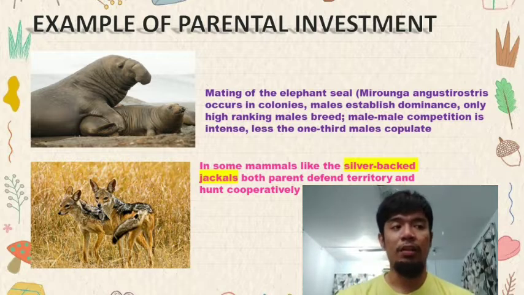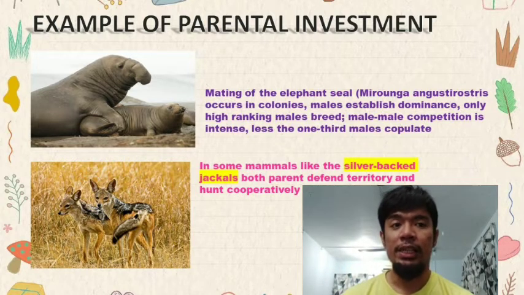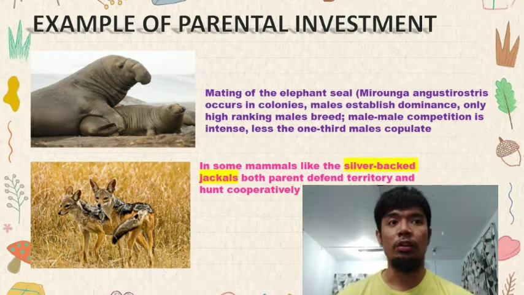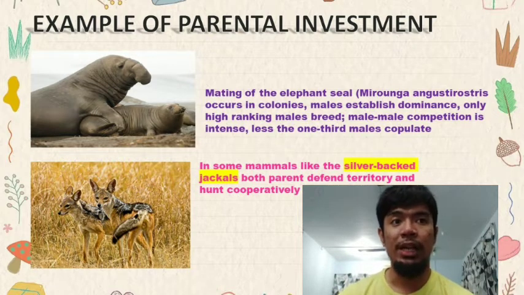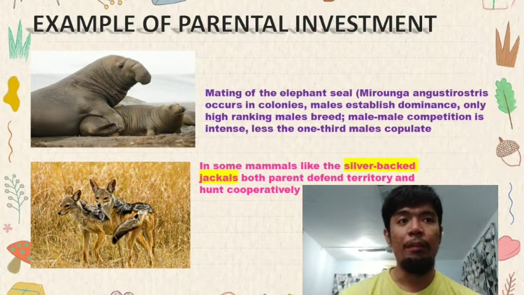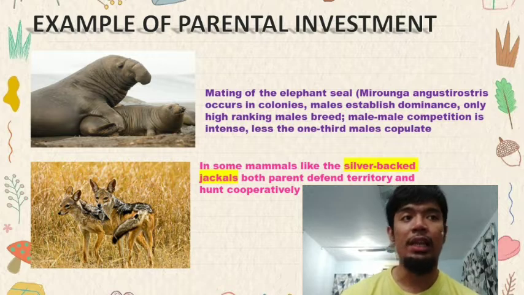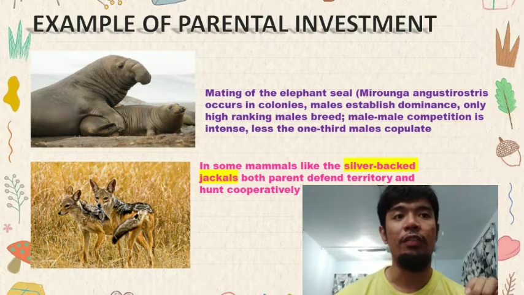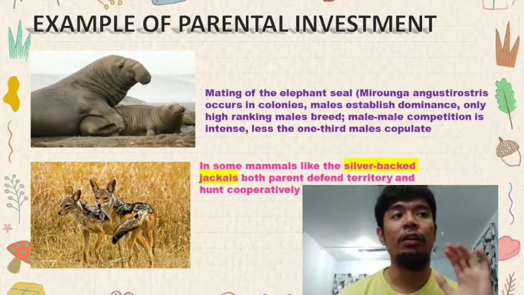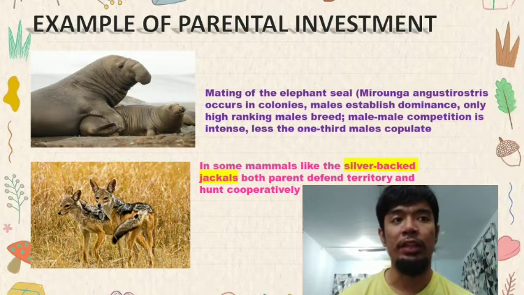Next are examples of parental investment. We can see here, mating of northern elephant seals takes place in colonies. Males establish dominance hierarchies and only the high-ranking males breed. Male-male competition is intense. Less than 1/3 of the males copulate at all, and the top 5 males do at least 50% of the copulating.